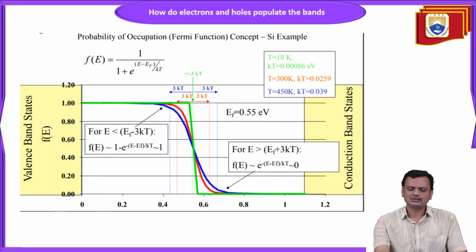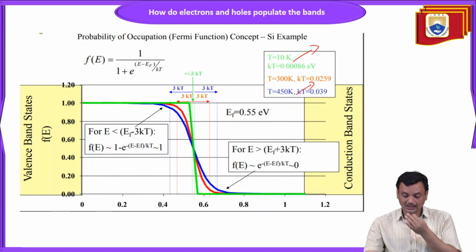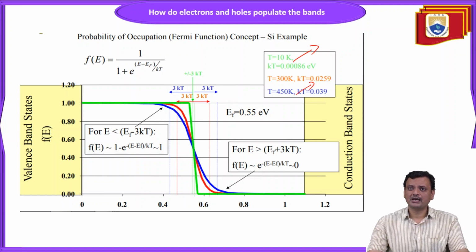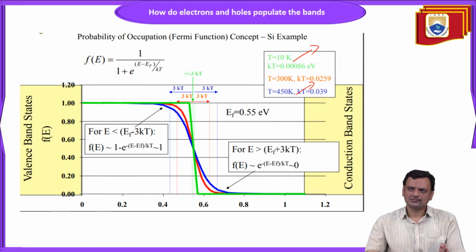This blue one is a very high temperature. T equal to 10 Kelvin is nearly the absolute zero temperature. T equal to 300 Kelvin is a higher temperature than 10 Kelvin, but still a low temperature.